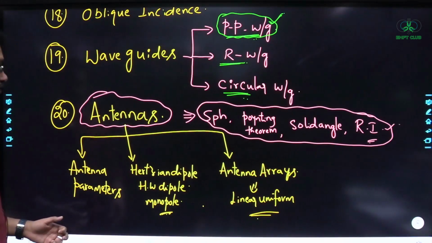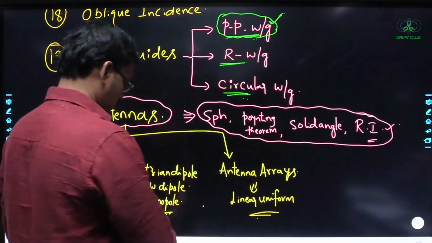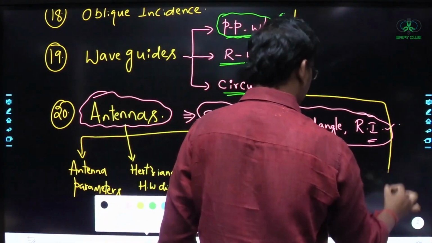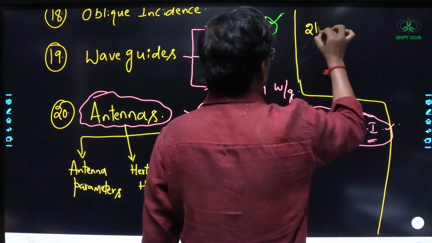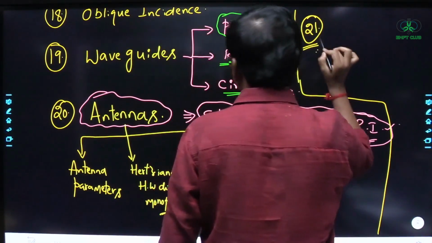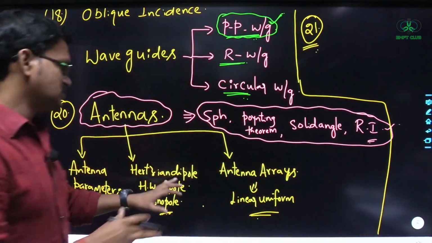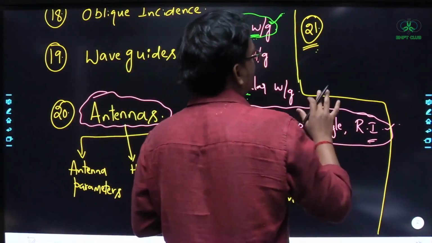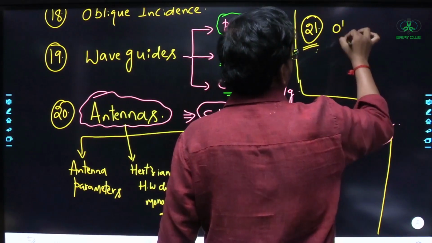Okay, and the last topic, so I will write here itself, that is 21. You can conclude with antennas here. This is enough. But the last topic we will just touch, and we will have a brief view of optical fiber.